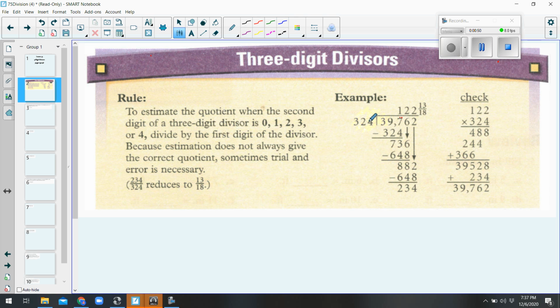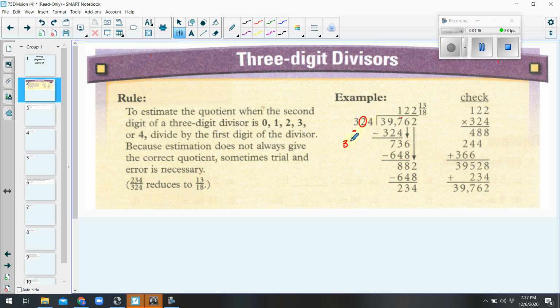So the rule for that is you are going to look at your second digit of your divisor, and in this example, it is a 2. If this second digit in your divisor is less than 5, if it's a 0, 1, 2, 3, or 4, you are going to keep this first number to guess with.